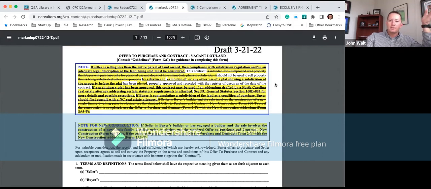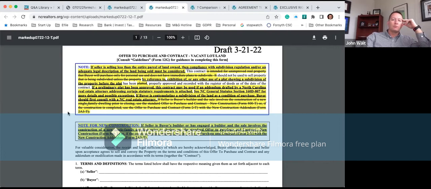And the answer is yes, as long as the parcel that could potentially be subdivided is fully encompassed in the contract, and the seller isn't just selling these proposed and not approved lots, then that's fine. That's perfectly acceptable. So that's what this note is about.